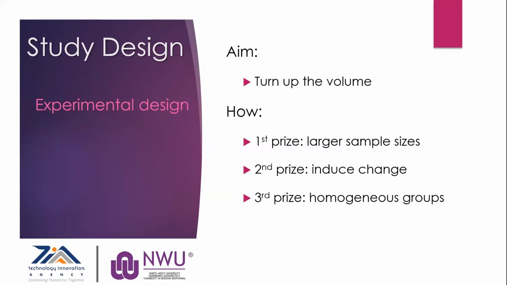Okay, so how do we turn up the volume? It's always a good idea to try for a few extra samples. If you can, get more samples. The power of an intervention study is almost always greater than that of an observational study. Try to make your groups as homogeneous as possible. So those are basically the three things: you want to either have a larger sample size, or have more control, or reduce the actual variability in your groups.